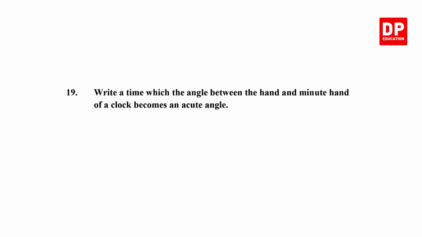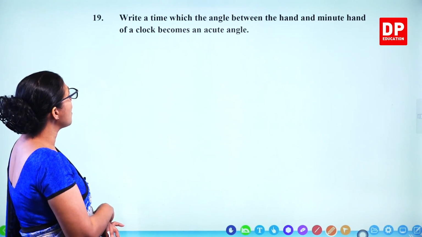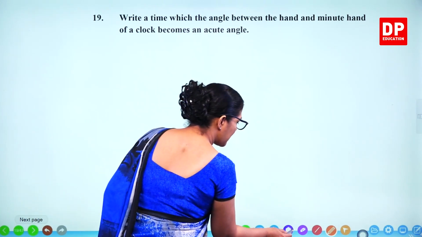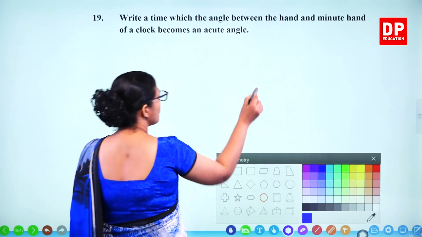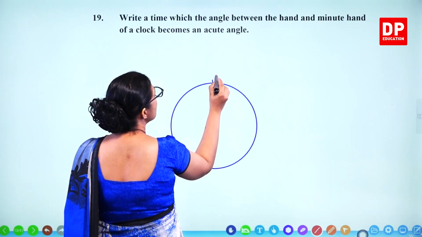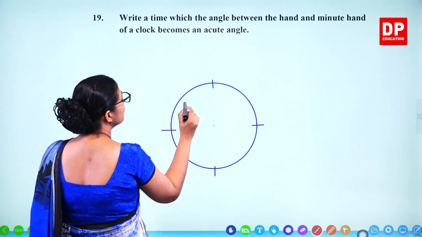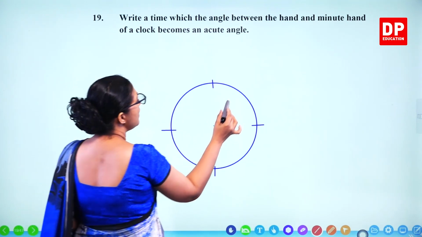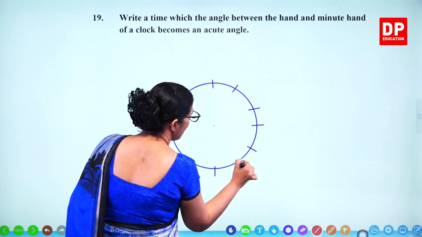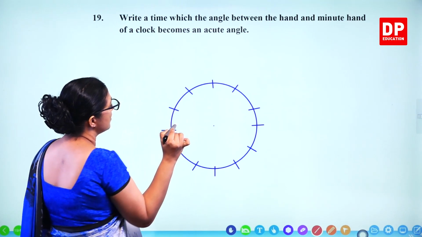Question number 19. Write a time at which the angle between the hour hand and minute hand of a clock becomes an acute angle. So you can draw a circle. First I can divide it into 4 and then 2, 3, 4, 5, 6, 7, 9, 10.